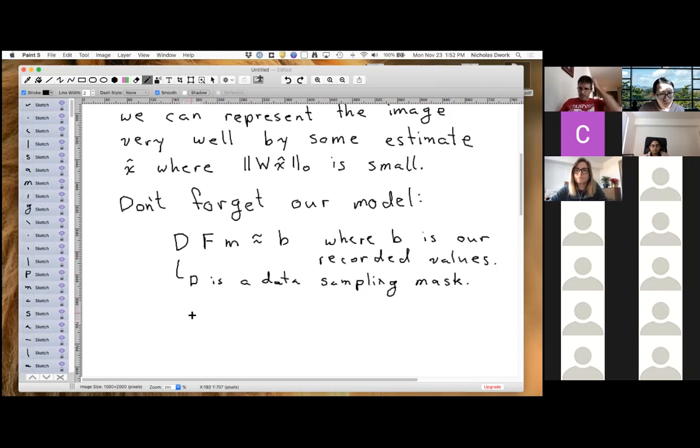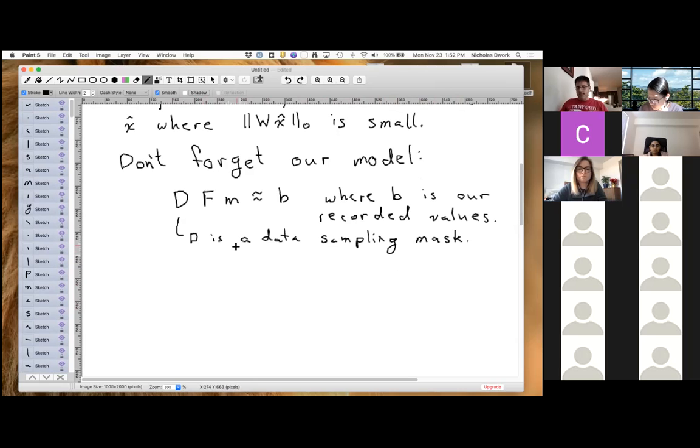So, D is 1 wherever we collected data in K-domain and 0 everywhere else. Okay? And so to recover our image, we're going to solve the following optimization problem.